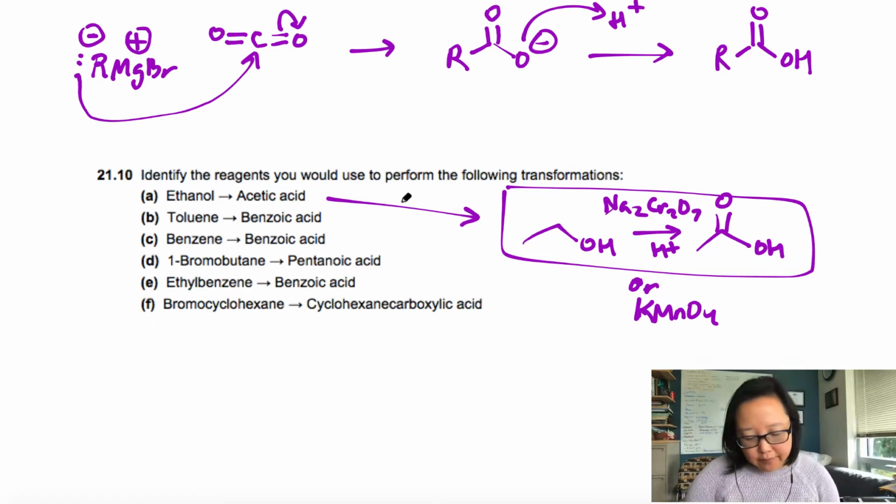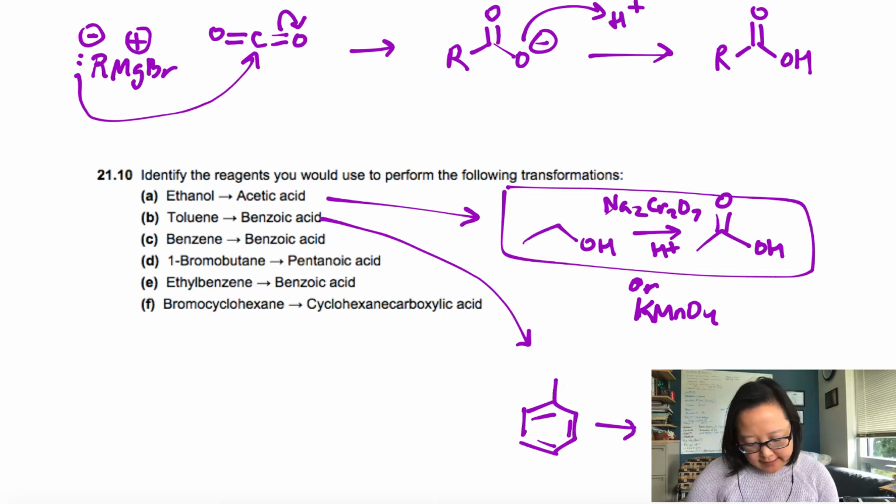Let's try one more together. How about B? We'll take toluene, which is methylbenzene, and we want to convert it to benzoic acid, which looks like this. So 1 carbon carboxylic acid off a benzene ring. I think you know from looking above at the reactions we just did, we talked about oxidizing the benzylic position.